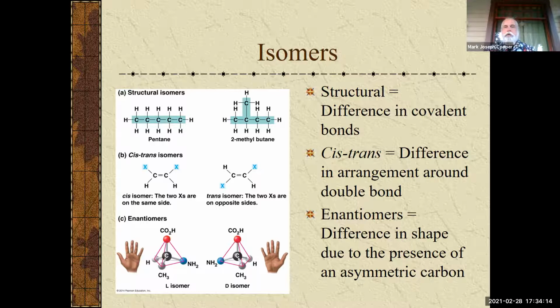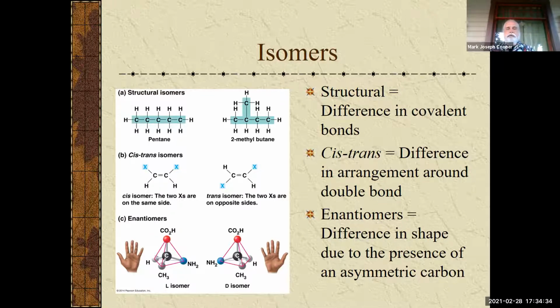One is structural, and that is a difference in where the covalent bonds are. So here we have one that is straight versus one that is branched, although again, they have the same chemical formula.